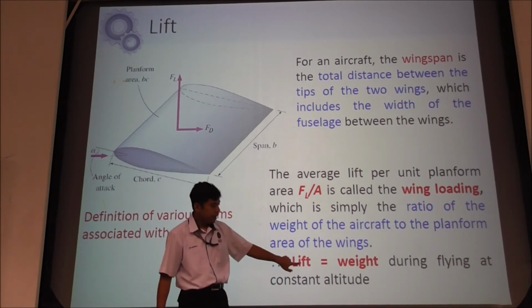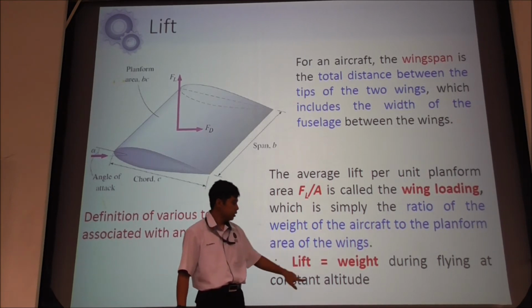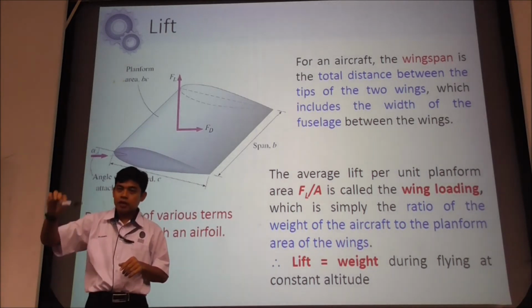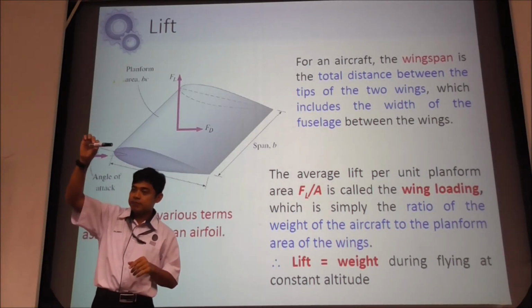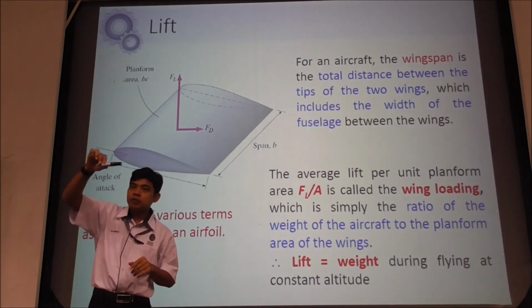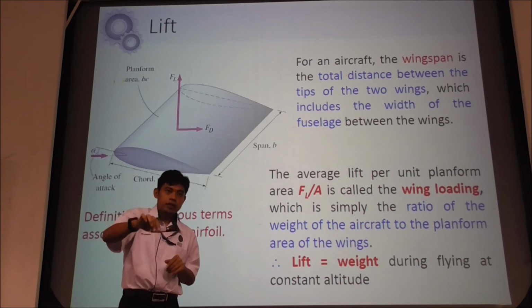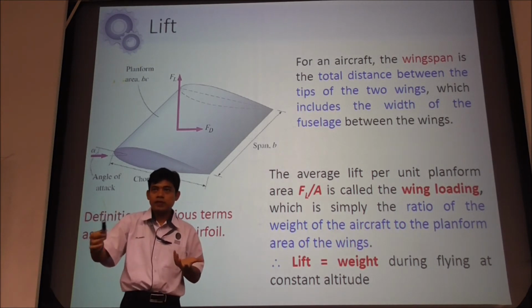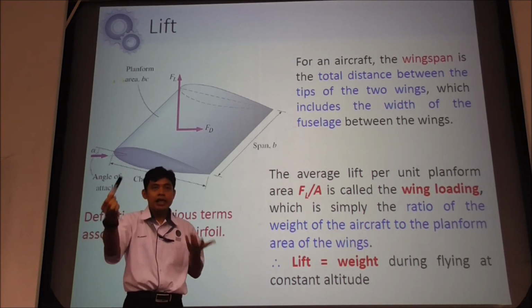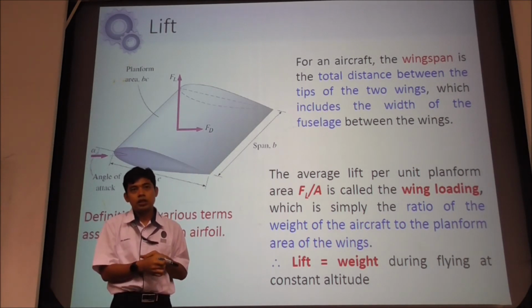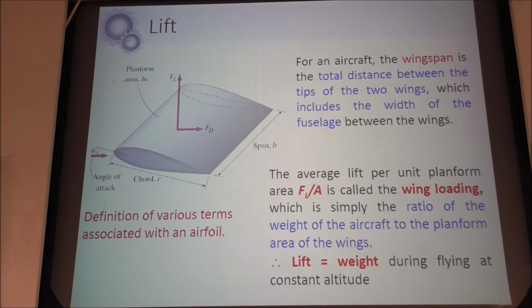Lift has to be equal to the weight when flying at constant altitude. If you go up, your lift is bigger than the weight. If you go down, your lift is smaller than the weight. Simple physics: more lift, you get higher; less lift, you get lower.